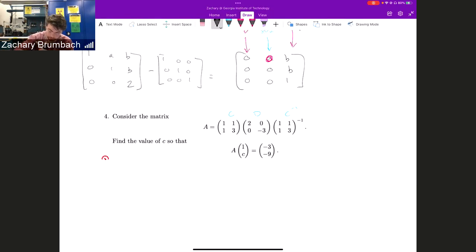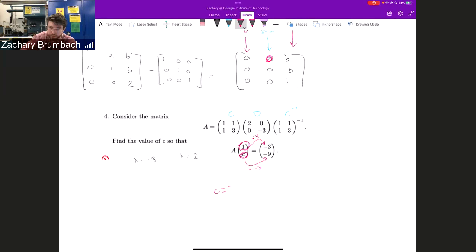So we know we have lambda equals -3. We know we have lambda equals 2. So just looking at this, find C such that this is true. We know that we can go from 1 to -3 by multiplying by -3, so let's make this easy on ourselves and make this an eigenvector such that it's times -3 as well.